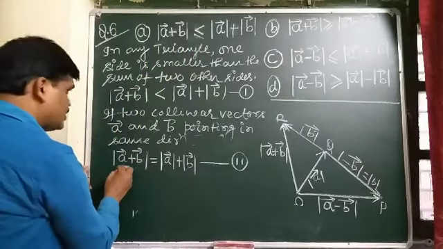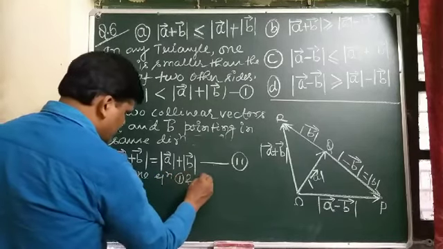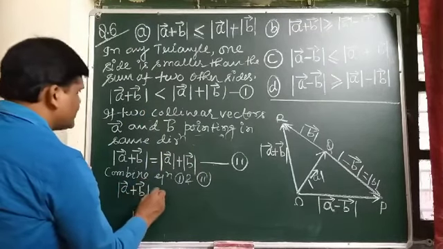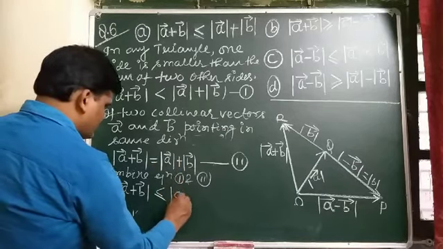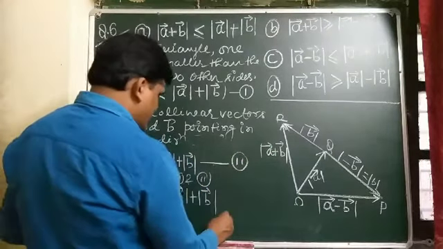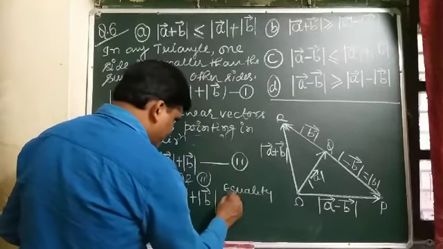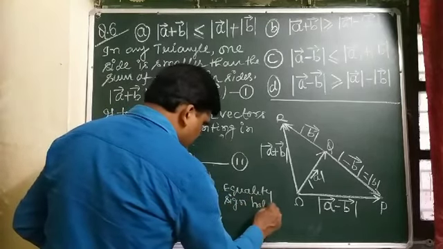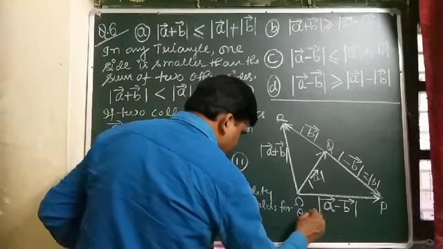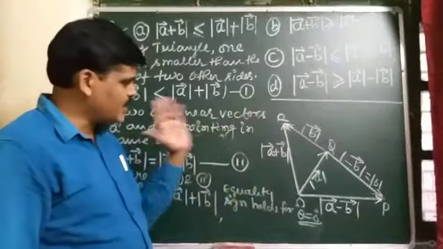So we can write, combining equations 1 and 2, mod vector A plus mod vector B is less than or equal to mod vector A plus mod vector B, and the equality sign holds for theta equal to 0 degree, because both vectors are in one dimension motion, vector A and vector B are collinear, acting in the same direction.